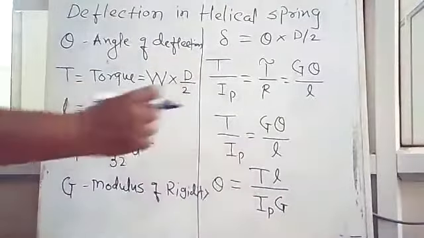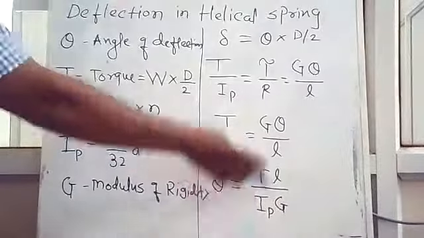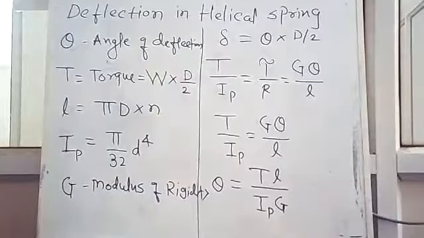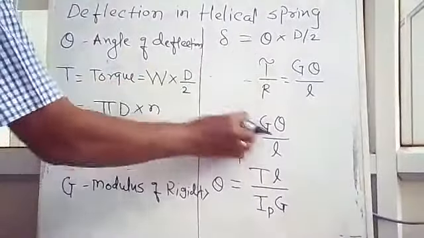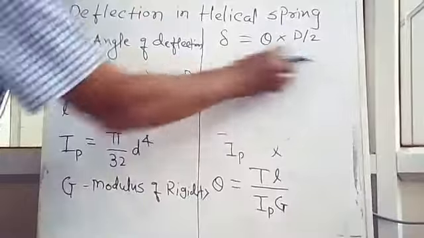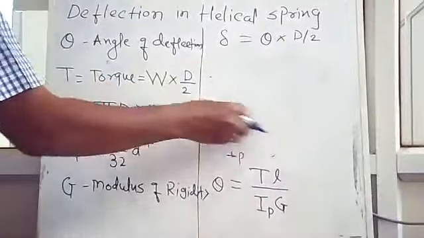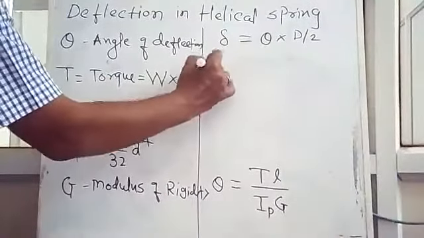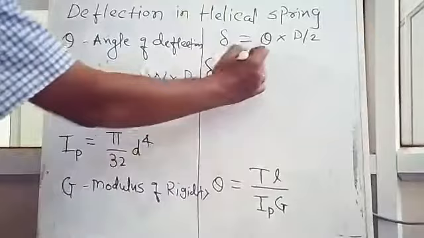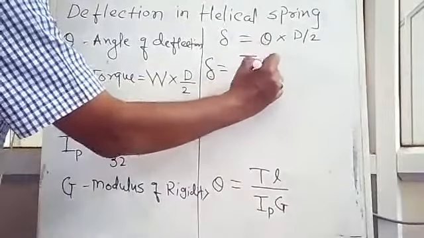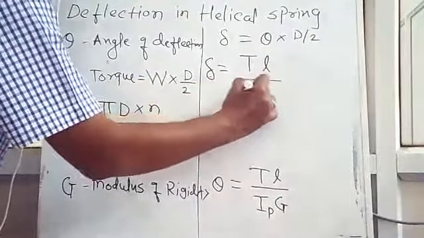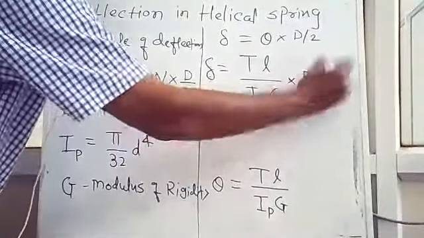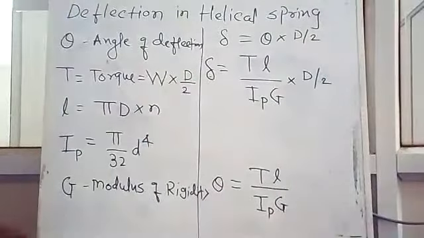Now concentrate on this particular equation and we'll put this here. And by putting all this, we can get one more relationship. So let us put everything here in this relationship. So we have here delta equals to, instead of theta, I can put TL by IPG into D by 2. Okay.